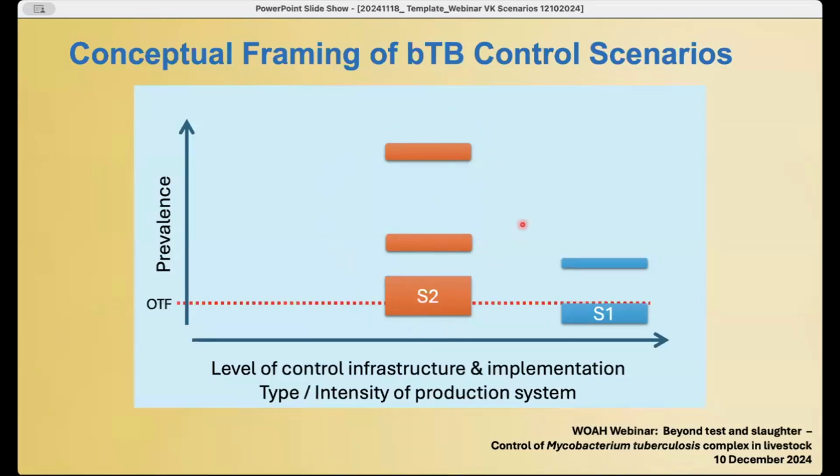So this helps us stratify risk, understanding where the system is, what the capabilities are and what the potential inputs might be. And then finally, in scenario three, which is primarily extensive-based systems, you might again have no existing control programs. And in certain areas, you might have some herds with middle-level prevalence, primarily again driven by intensification.